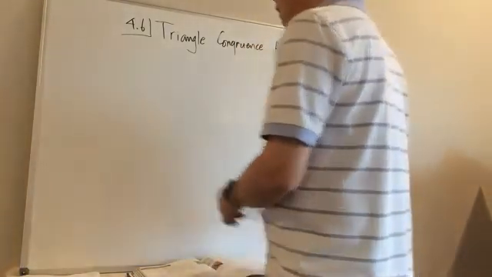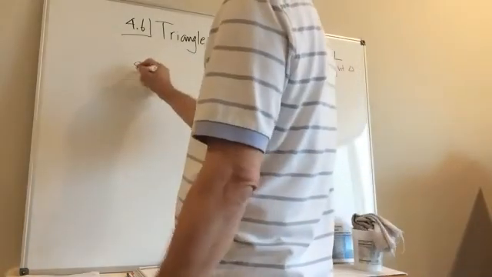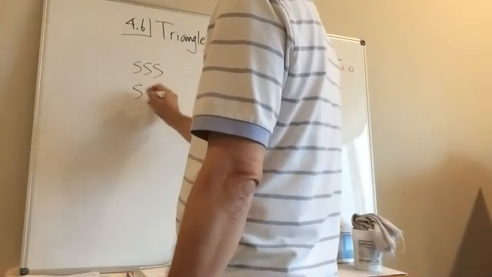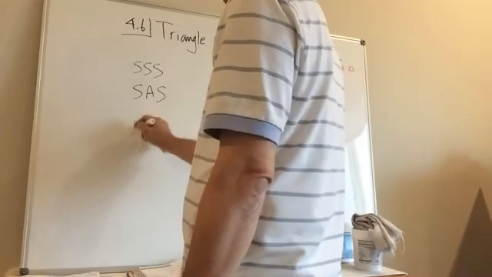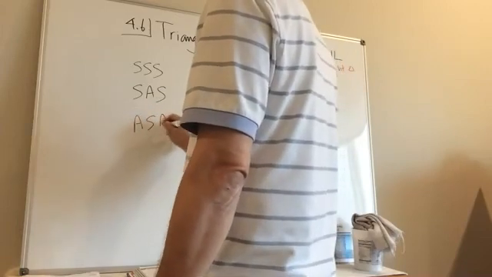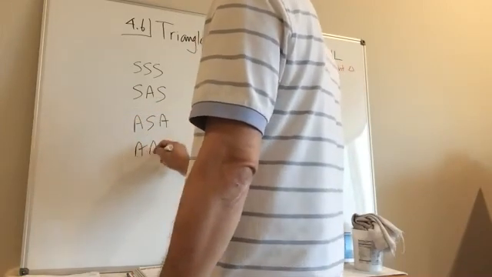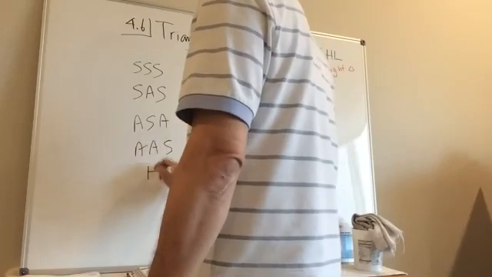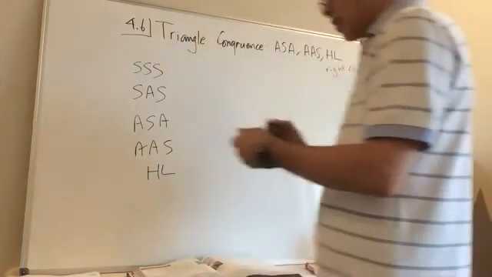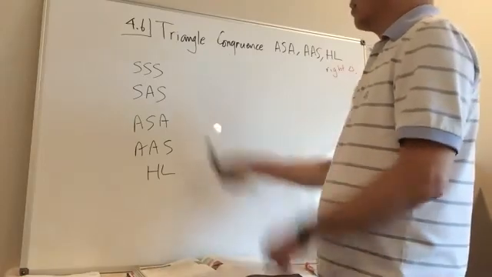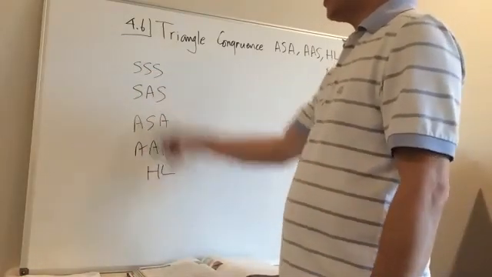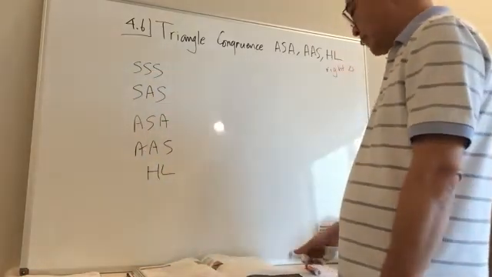So there are five of them we learned: SSS, SAS, ASA, AAS, and hypotenuse leg. Those are the five triangle congruence conditions that we learned today.